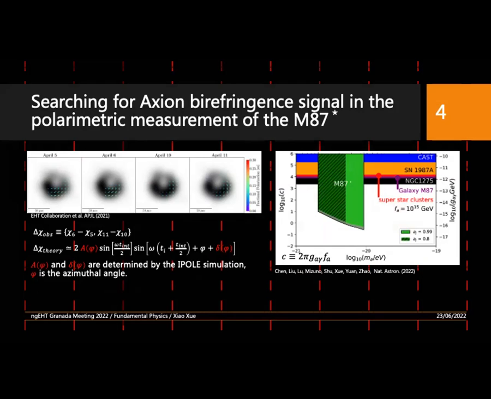All the other colorful blue, orange and black ones are the other constraints from other astronomical or experimental constraints. As you can see, our results exceed those current constraints by a very large margin, which is a very significant result.